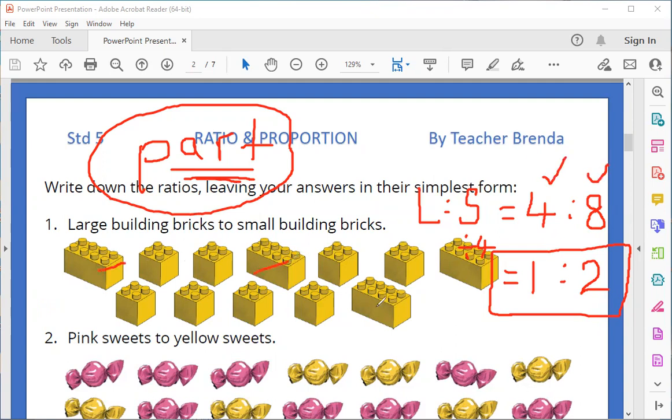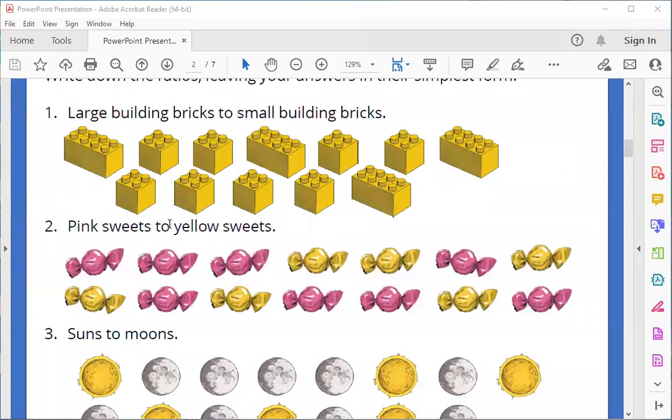See, 4 large blocks to 8 small blocks. So keep this secret word in your mind. All right, clear. Let's move on to the second question.